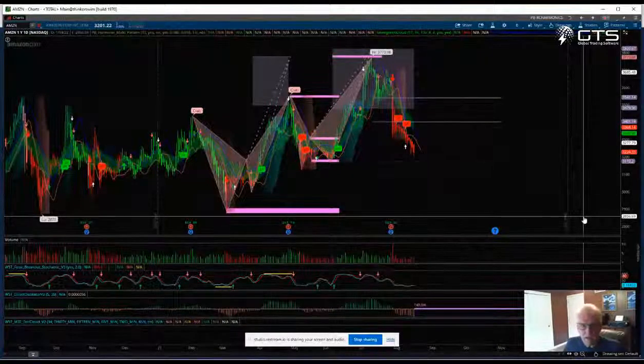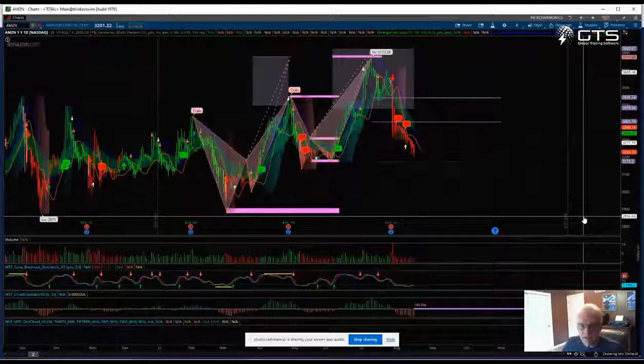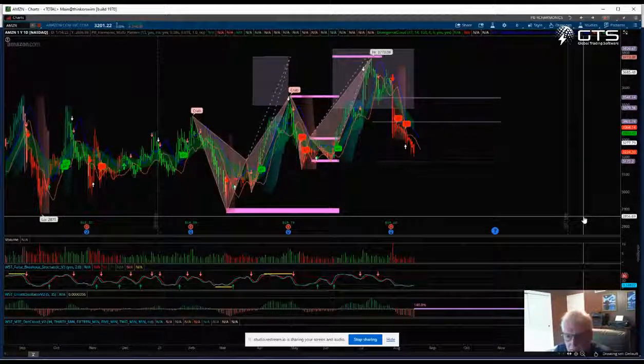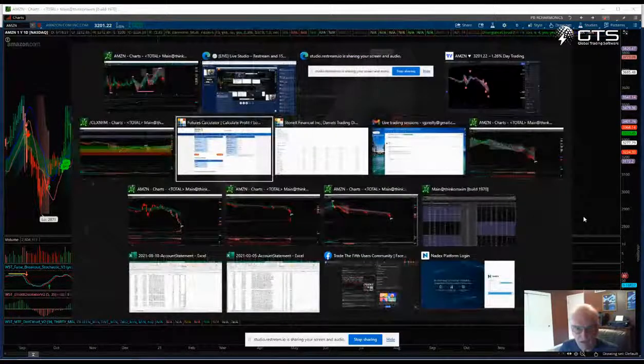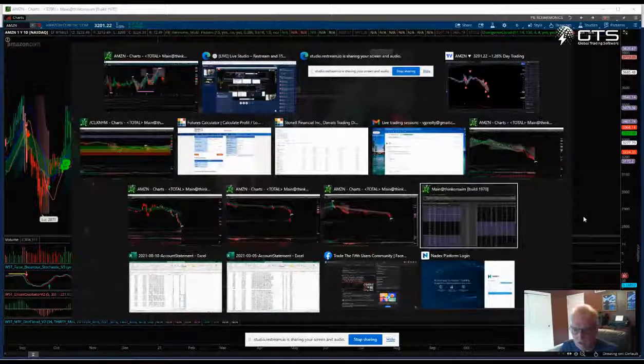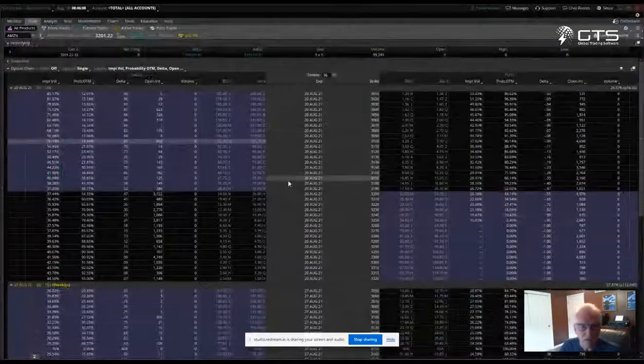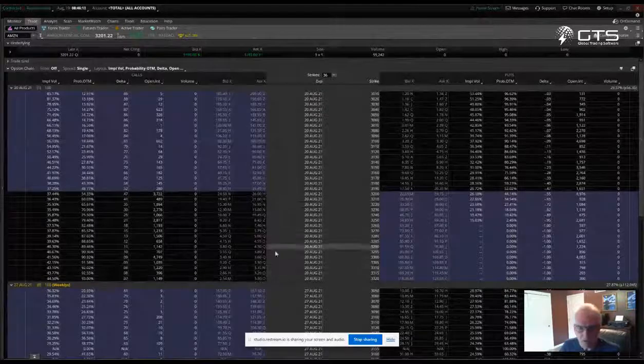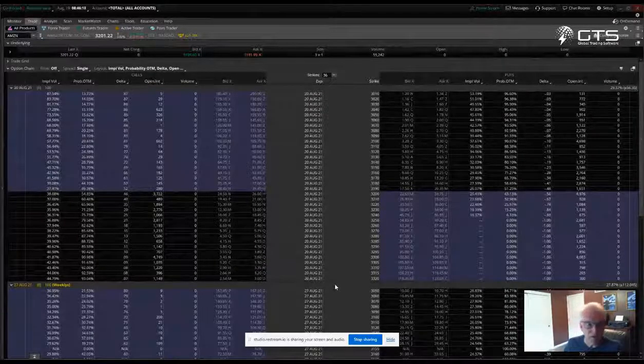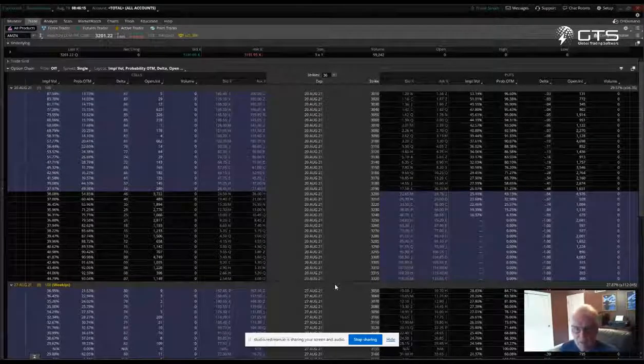And the reason being is that Amazon in particular, they're very expensive stocks to trade. I'm going to jump over to Thinkorswim for a second, over to the options chain. For those who haven't ever seen or don't trade options, this is in Thinkorswim, and most trading platforms look pretty similar.